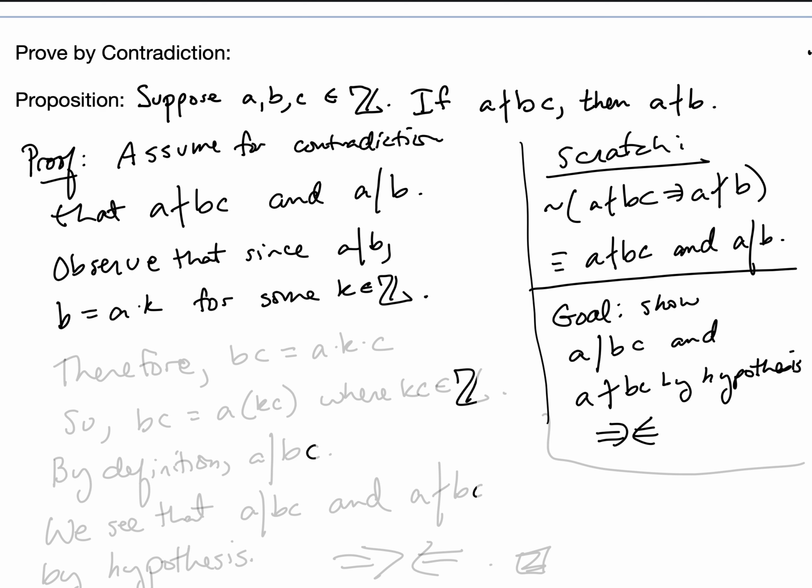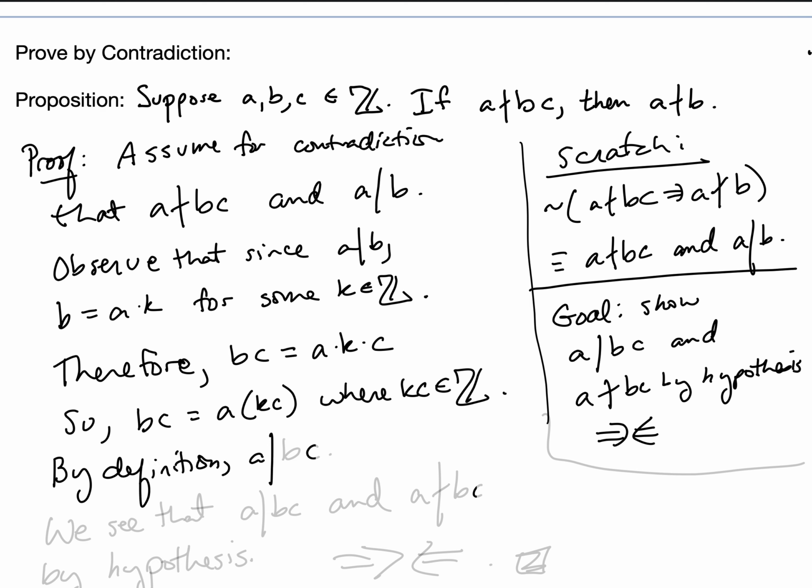And so that means that, therefore, BC is equal to, B is A times K times C. And so we see that BC is equal to A times KC, where KC is an integer, and therefore, by definition, A does divide BC.